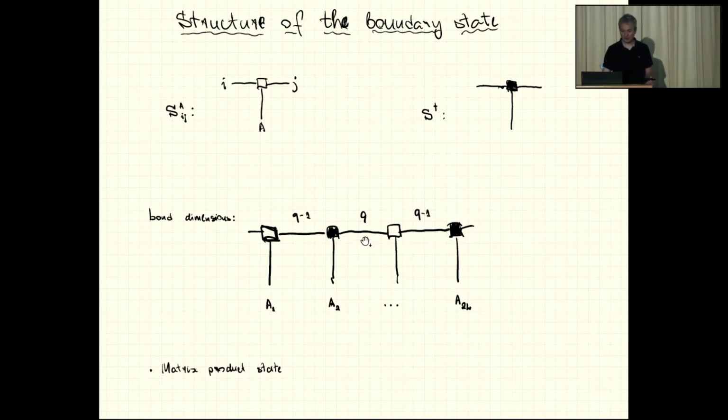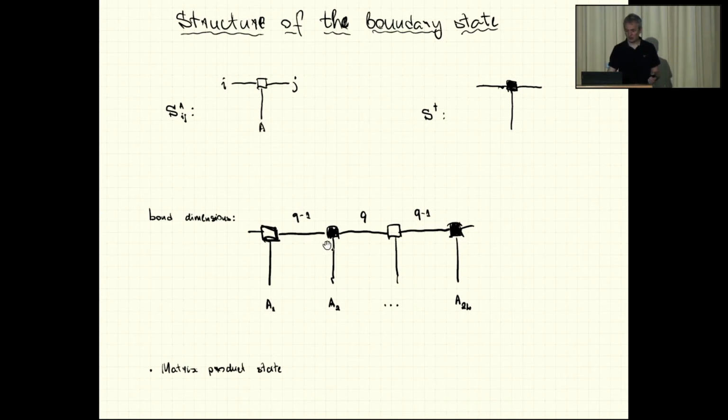Color indices run from 1 to N. But in the classical solutions, the field is restricted to a block of size Q minus 1 times Q. So these indices will run either from 1 to Q minus 1 or from 1 to Q. And the flavor index is just a fundamental representation of SU(4) or its conjugate.